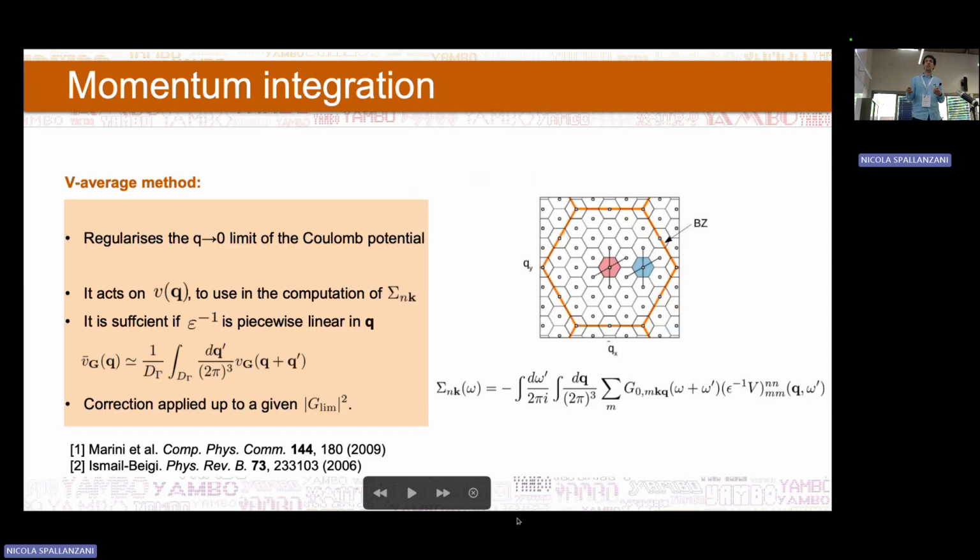When you do the exact integration of the Coulomb potential, what you keep piecewise constant is both G and epsilon to the minus 1. Instead, when you do an exact integration of W, what you keep piecewise constant is only G, within all these different subsets of the Brillouin zone.